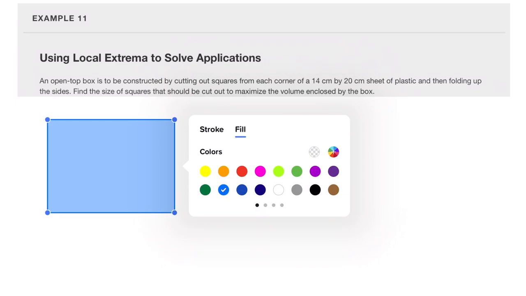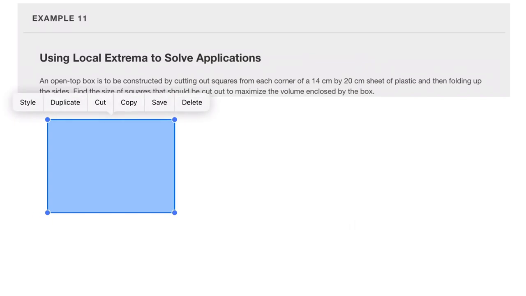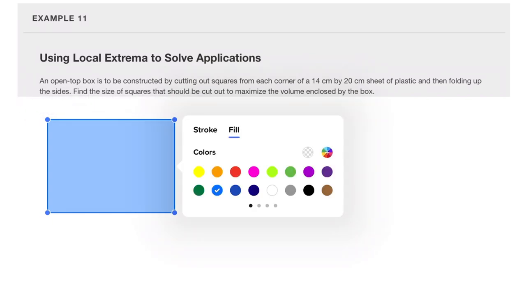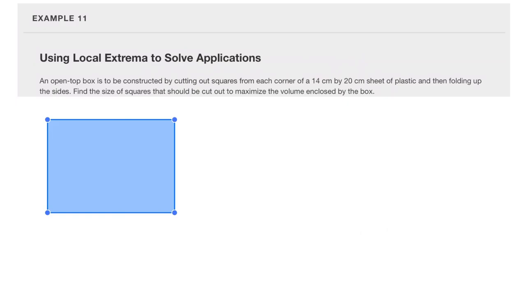That would be nice. I'm pretty sure I can. But I'm not seeing that option. That's okay. Okay. And we're going to cut out squares.